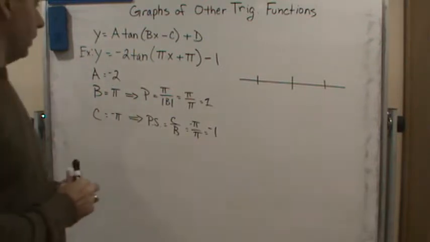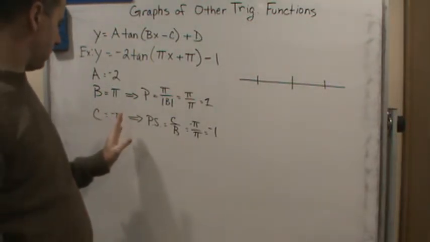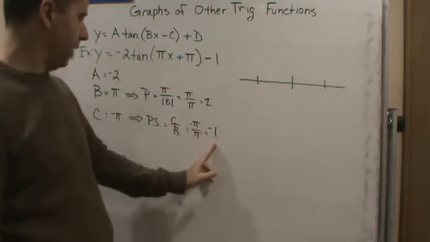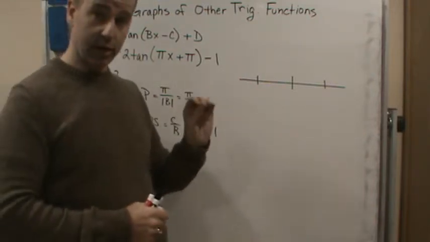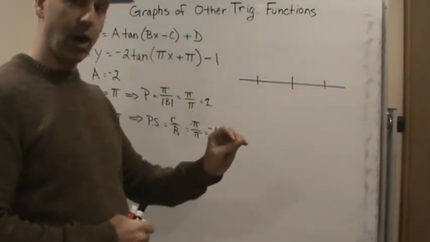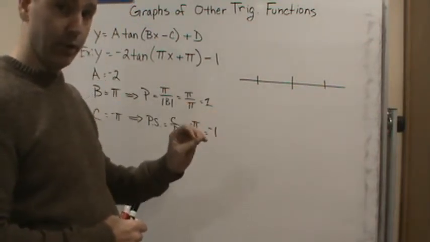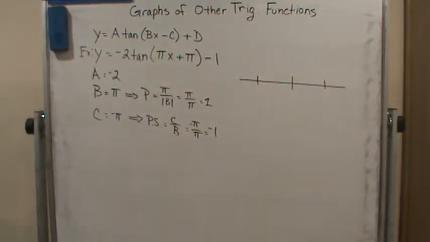Now, this is the phase shift. The phase shift is -1. So that means this would normally start at the origin, but it's now going to start 1 unit to the right. Or no, 1 unit to the left.